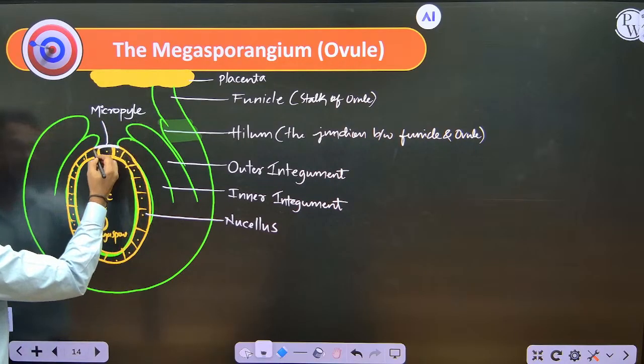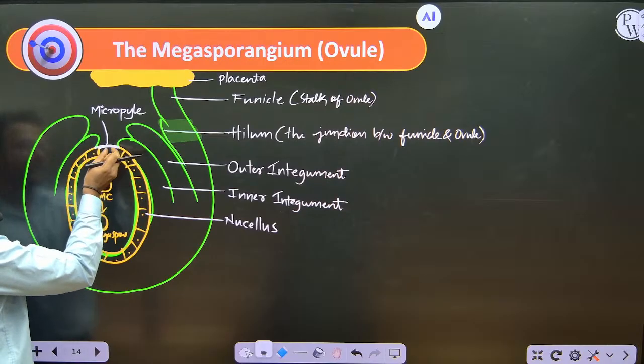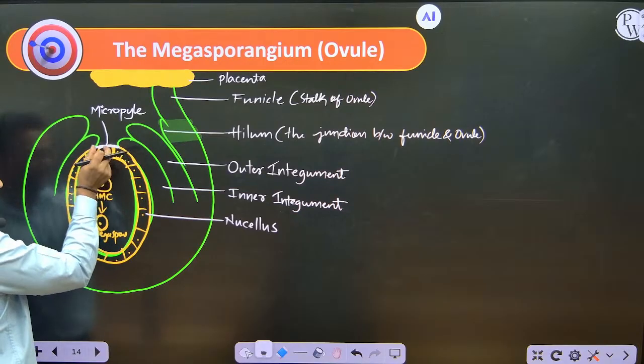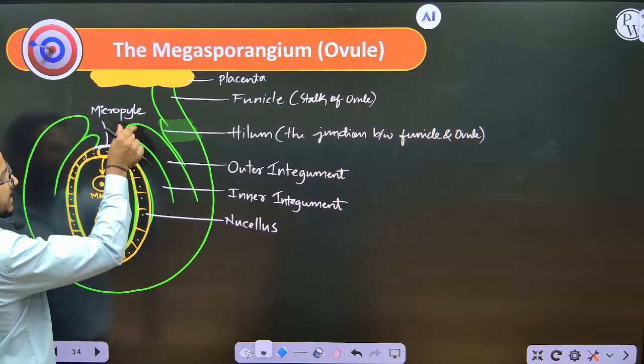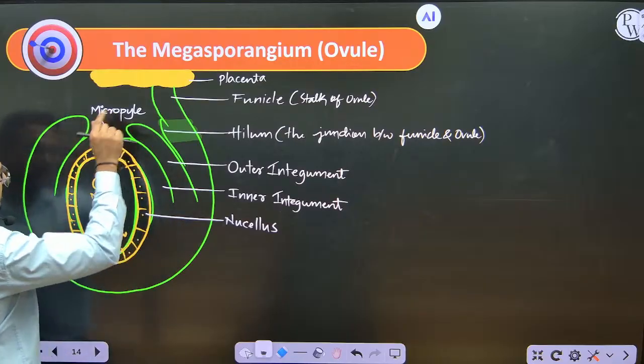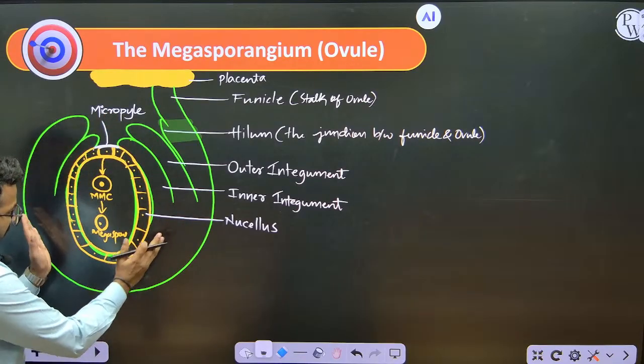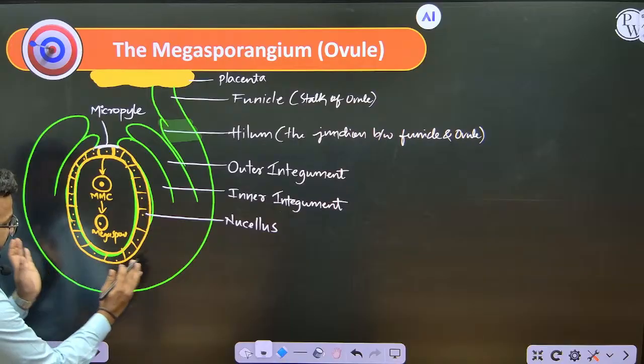Micropyle is nothing but a pore, a small opening. Micro means small, pyle means pore. Micropore, that is micropyle. And the base is a bit swollen here.